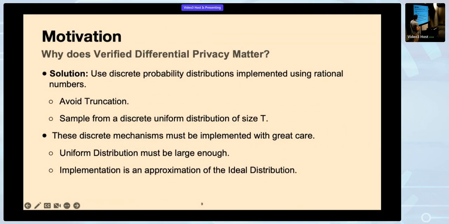Now, this solution has a lot of promise, but we need to be very careful, mainly about two things. First, the uniform distribution has to be big enough, because we still might have this situation where we can't sample every single probability from the ideal distribution. And the second thing is that our implementation is still an approximation of the ideal distribution.